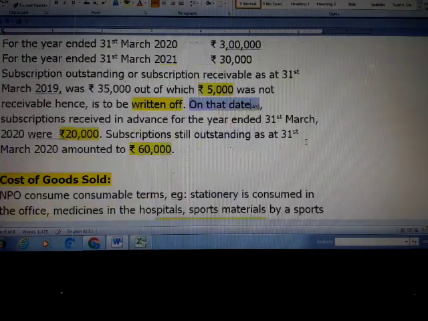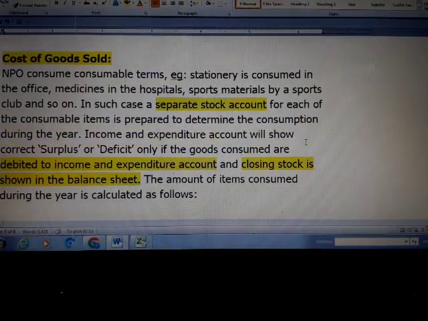Okay, problem number 16. Problem number 16 deals with the concept of cost of goods sold. The next new concept which we are going to learn today is cost of goods sold. Since a non-profit organization doesn't deal with any trade activity, but still it has something called cost of goods sold, in order to compute what the consumable items are.